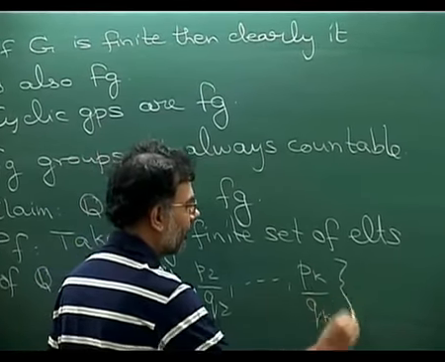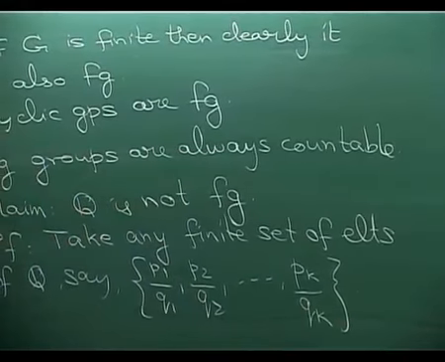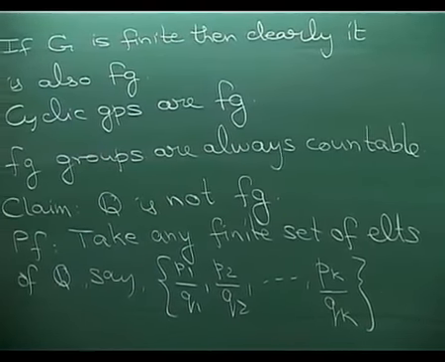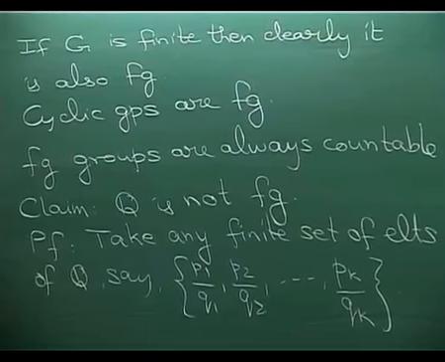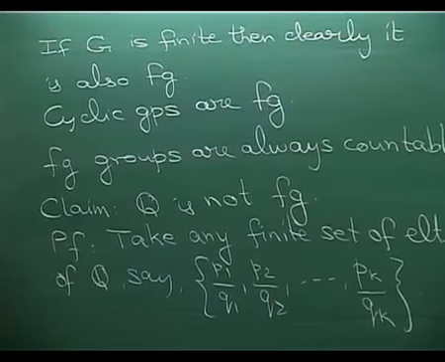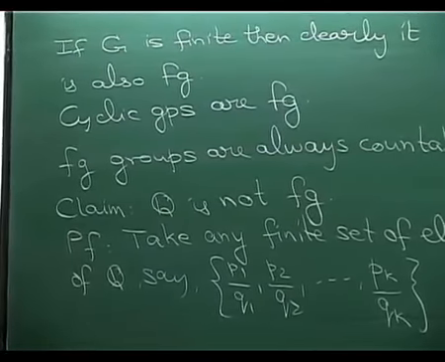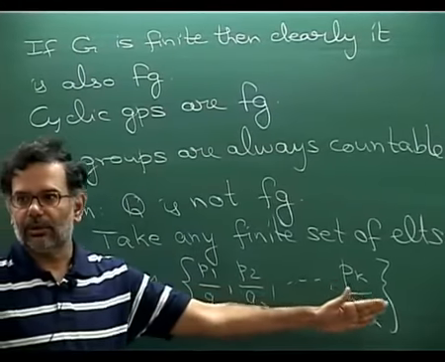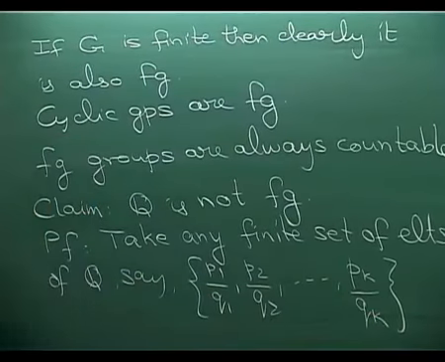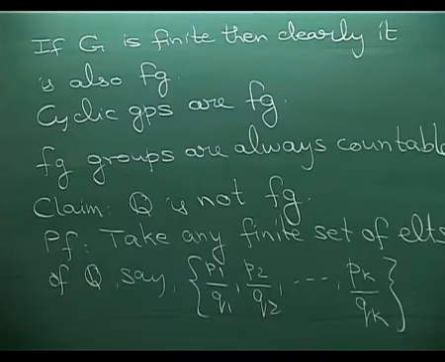So here is a set of k elements in Q. I want to show that no matter which I take, it will not be possible to generate Q. An arbitrary rational number cannot be written as a Z linear combination of these. So to show that an arbitrary one cannot be written, all I need to do is to produce one which cannot be written as a Z linear combination of these.